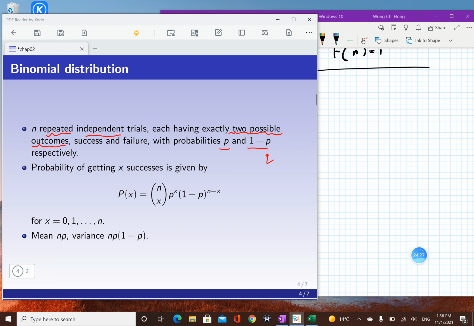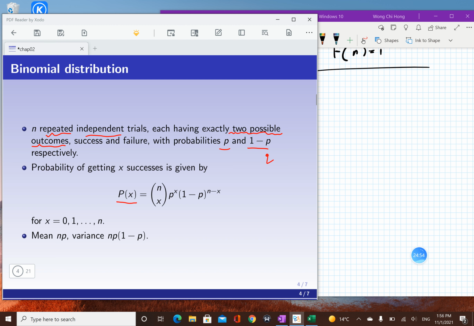So you may succeed or you may fail. And just imagine you ask the same person n times, and see what happens. At the end we can then represent the probabilities of getting x successes. You're repeating this n times, and you're counting the x successes.